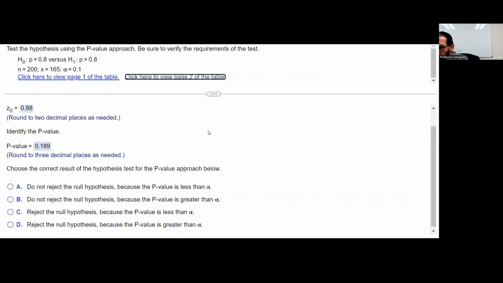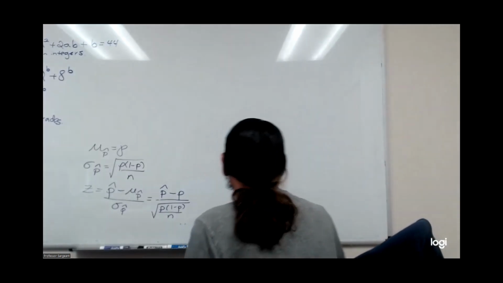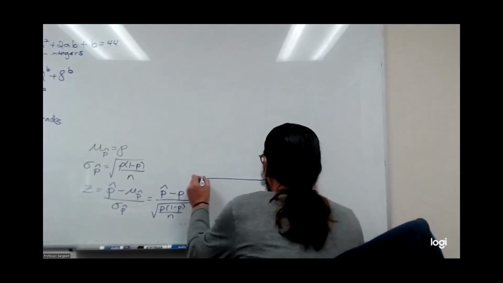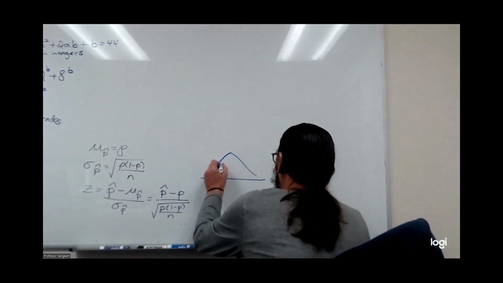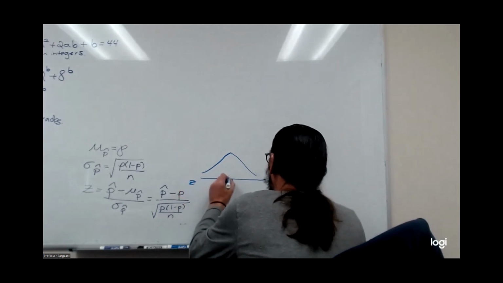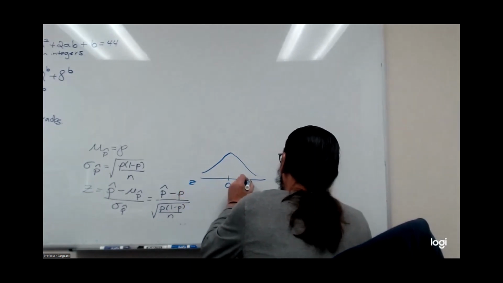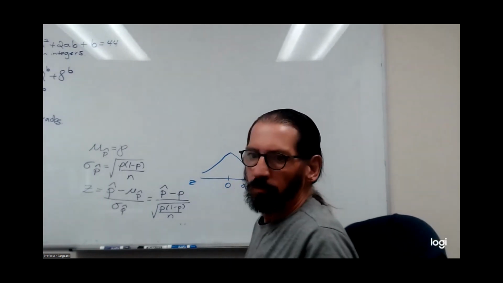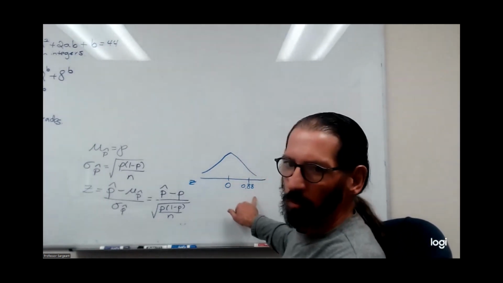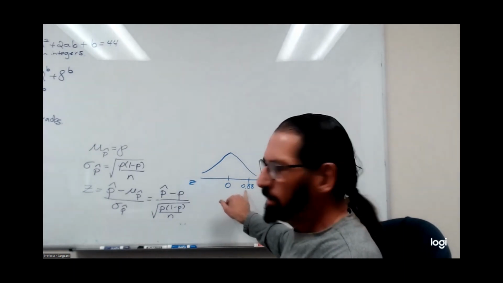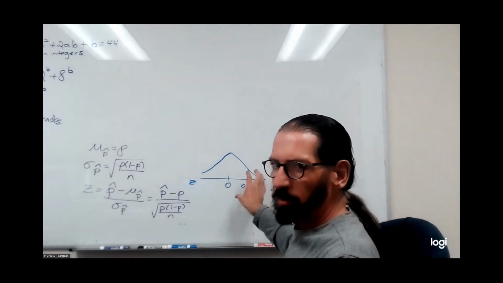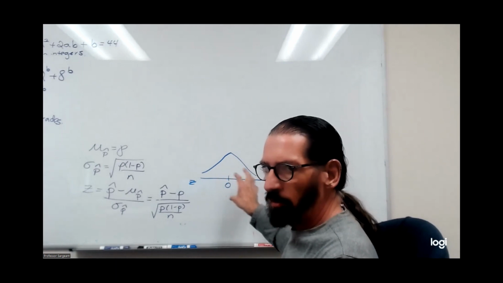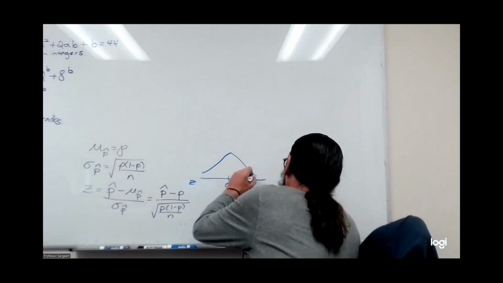And because that is larger than 0.1, here's what happened. That z-score was not extreme enough to get us up into the top 10% or an area of 0.10.